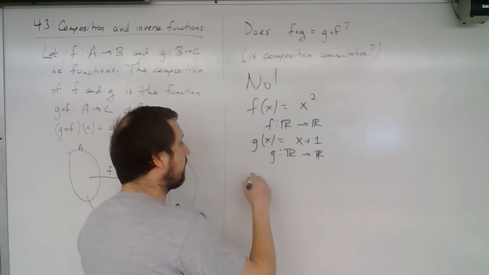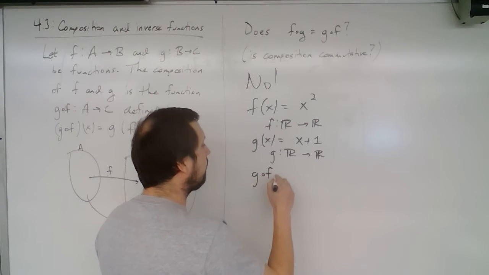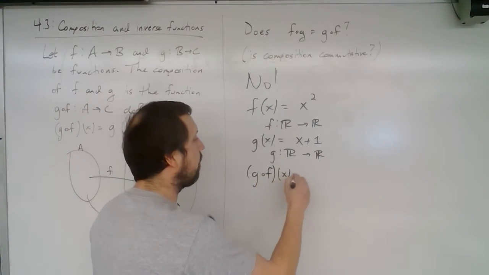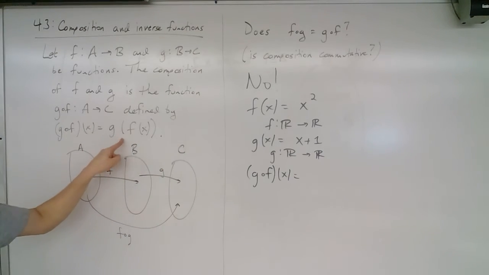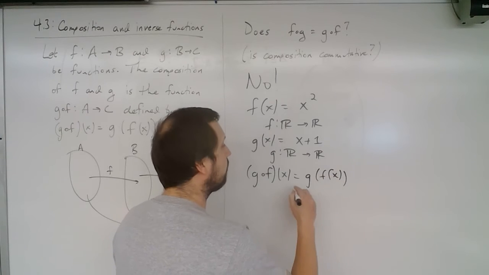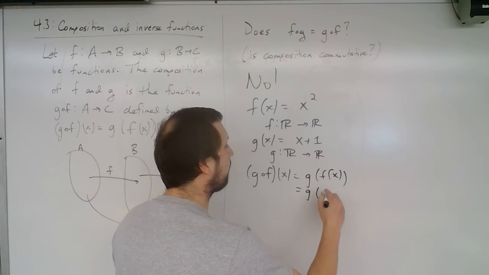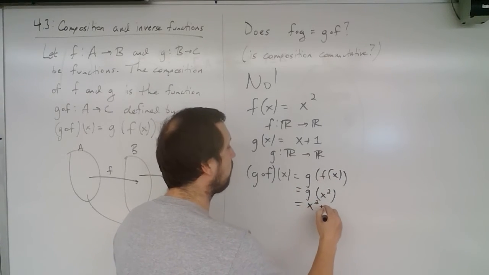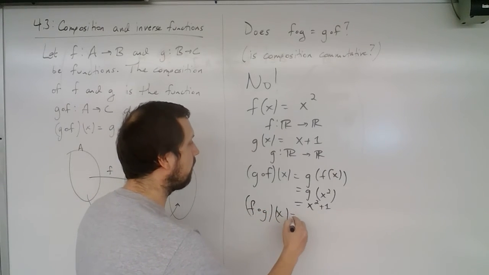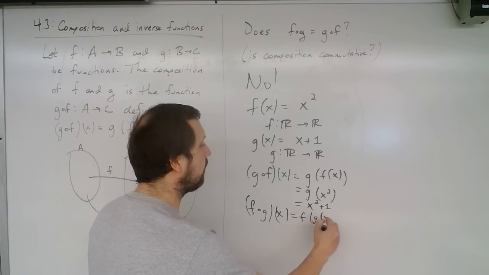So when we look at the composition of g composed with f of x, we defined that as g of f of x. So this is going to be g of x squared, and this is going to be x squared plus 1. But if we do it in the other order, we now have f of g of x.